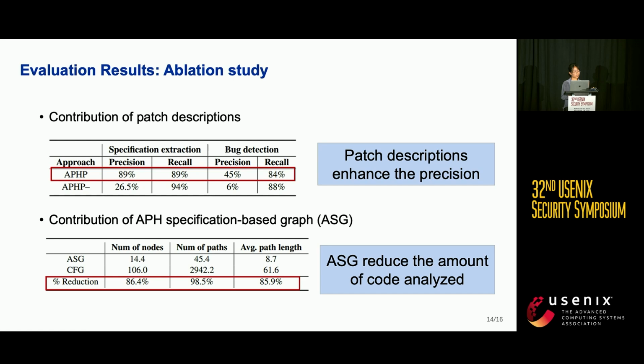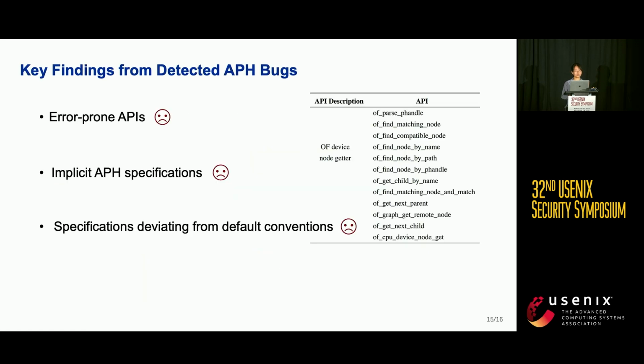We also investigate the newly identified APH bugs and have several findings. Specifically, we found that certain error-prone APIs can cause hundreds of bugs. For instance, the open firmware device tree APIs in the Linux kernel, which are shown on the right, provide access to hardware devices and are often misused.